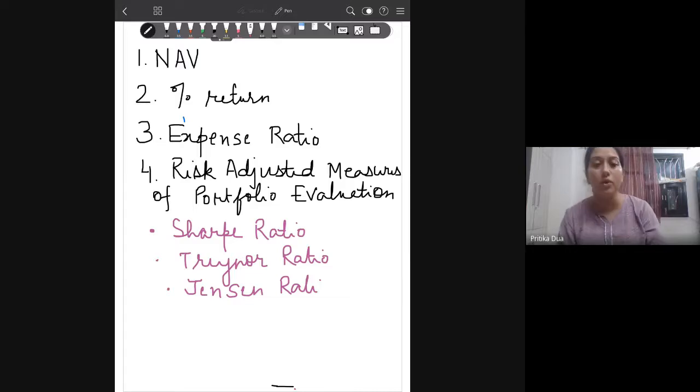Okay, so before I introduce these ratios to you, I'll give you an overview of the risk and the types of risk. Now, when we evaluate an investment, it is always from the perspective of the risk involved and the expected return.